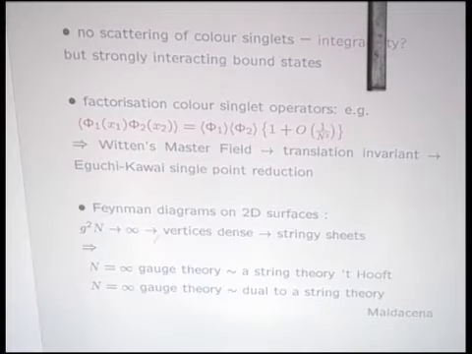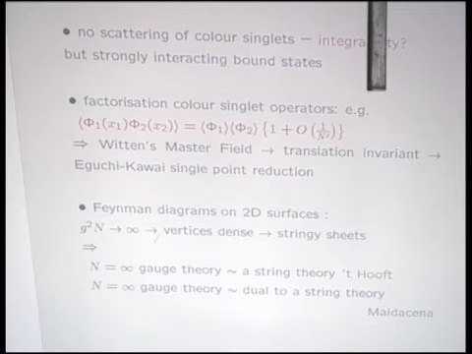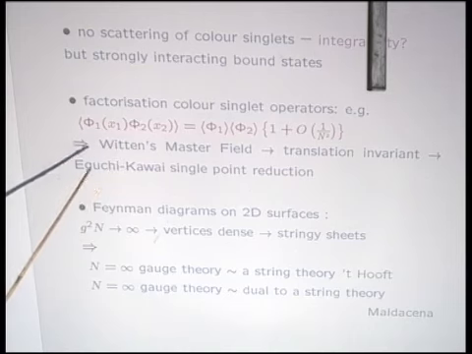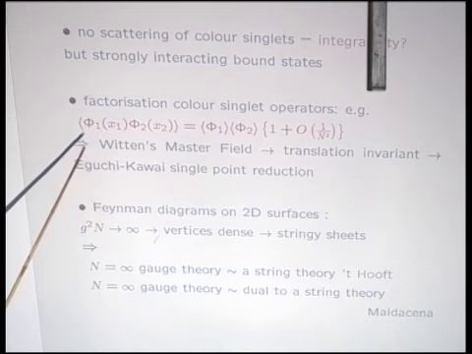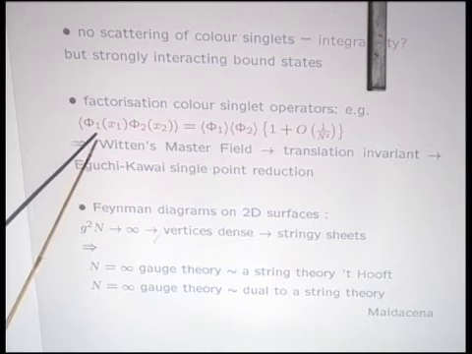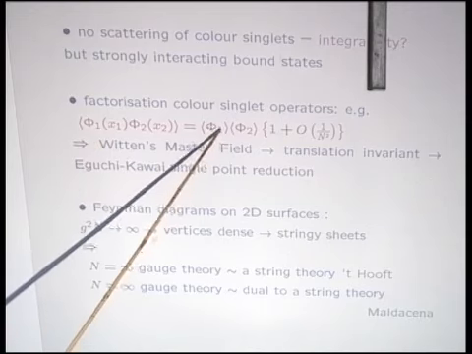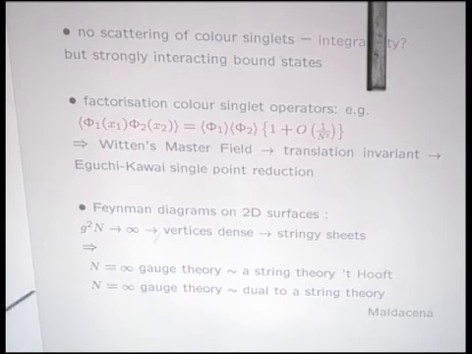These properties are also related to general factorization properties of color singlet operators. If these are traces, individual single trace operators, then you can show, as shown a long time ago, that the expectation value of products of such operators is equal to the product of expectation values, with corrections which are of order 1 over n squared in the pure gauge theory.